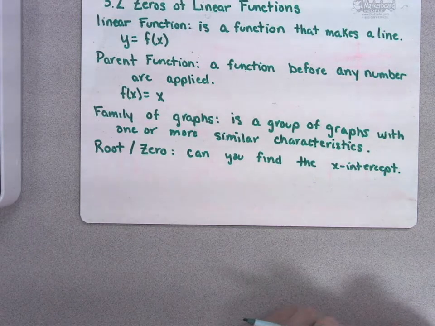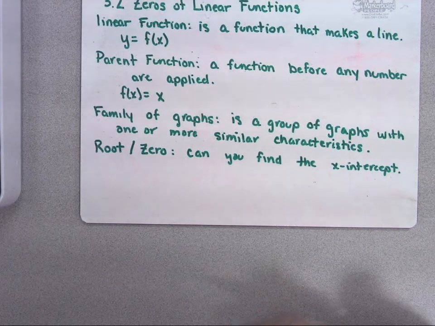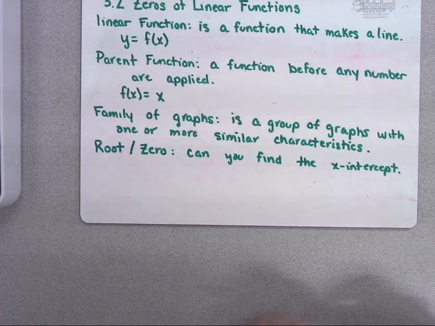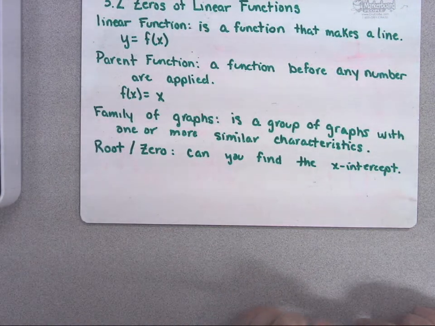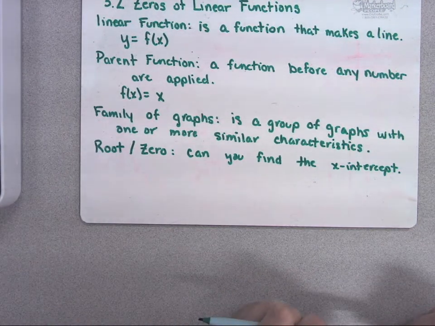So again, using algebra, how do we find x-intercepts? We talked about it yesterday. If we had an equation, how would we find the x-intercept? Yeah, plug 0 in for y. But if we have a function, do we have a y? No, what's the same thing as y, though?